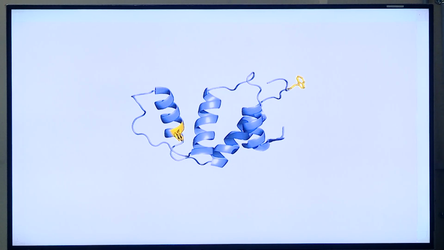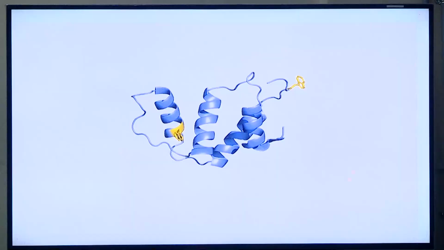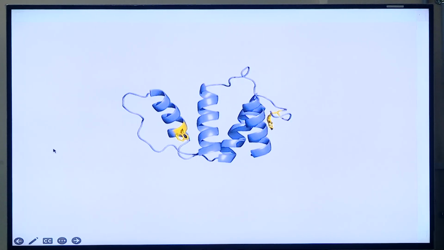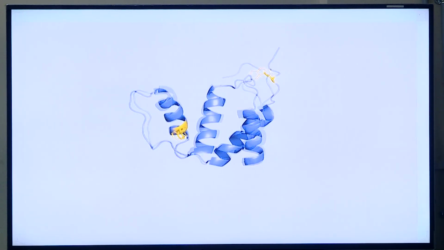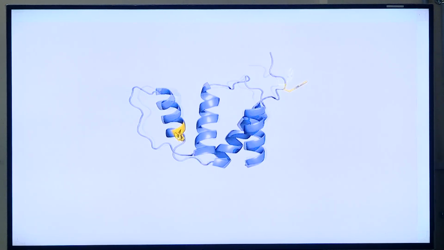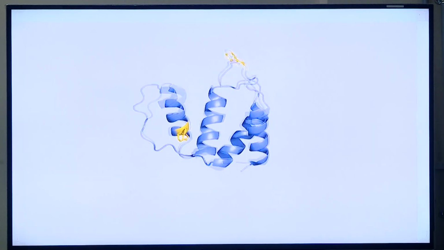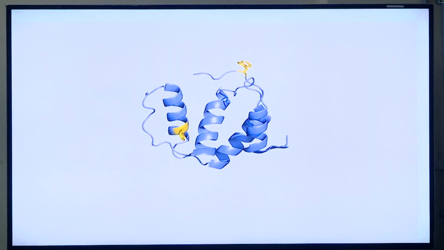Once I put the structure in, I can simulate using simple Newton's laws of motion all these different motions, and I can run this again, and this is what happens. This is of a folded protein. Once a protein folds, these are the different motions that take place in a protein molecule. So you should not take the structure that you see, which is very static, as representative of what happens within the cell.